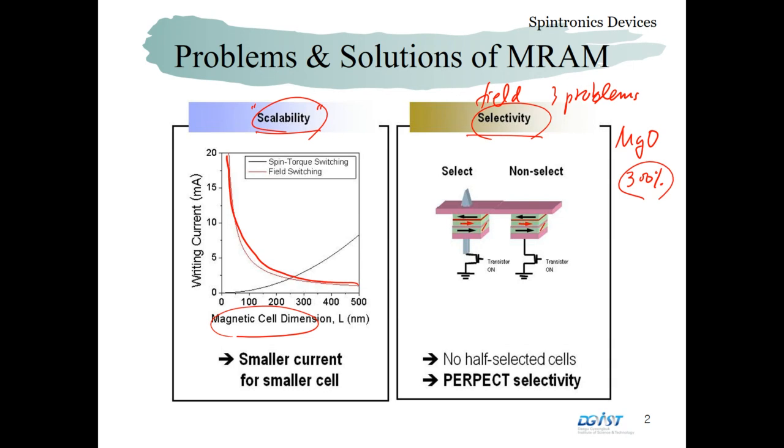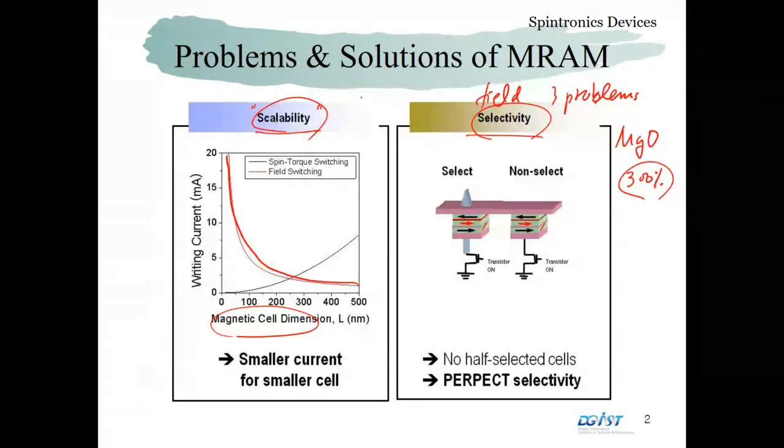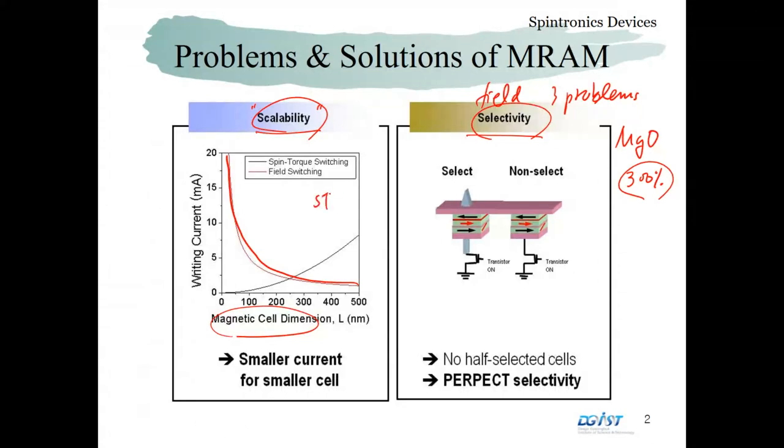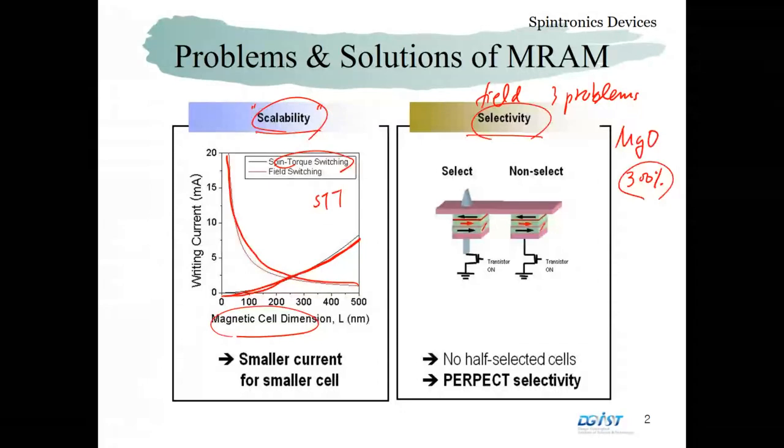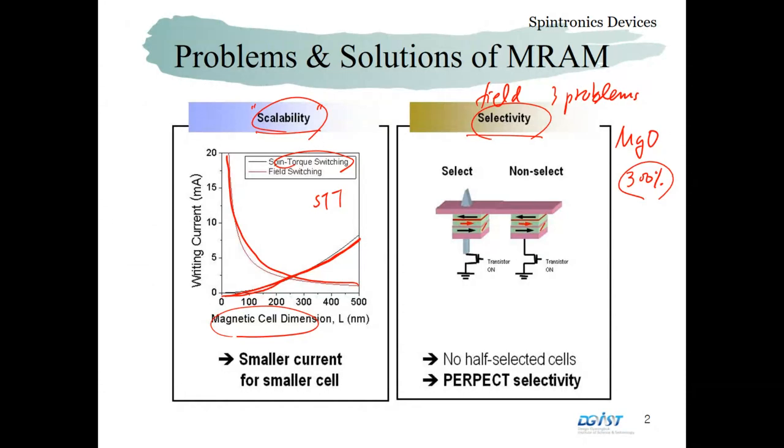That means if you make smaller devices, we need more energy, so it's not a good device. But with this STT technology, the required current or energy scales with the dimension of the magnetic cell. So this is good news. If you make small memory cells, you need small energy.